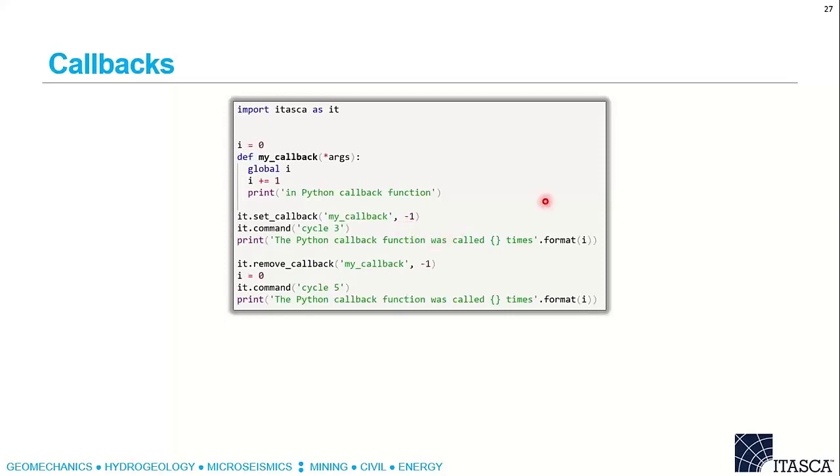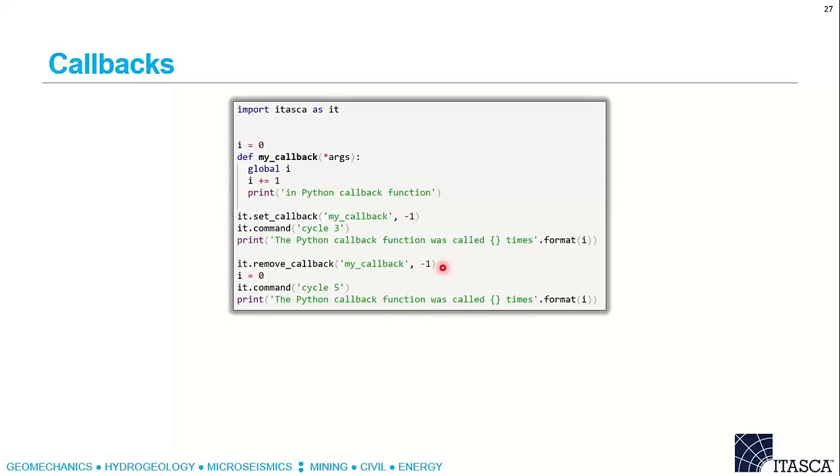As we learned before, within Python, -1 indicates the start of a list or of an array. So this simply tells Python to call the callback named myCallback as the first thing within the cycle sequence. We then issue a command to the Itasca module, telling it to cycle 3 times. And then we output that the Python callback function was called, and how many times it was called, formatting it with the i variable.